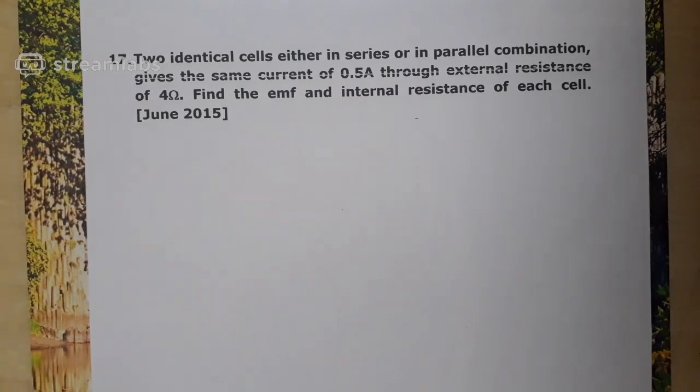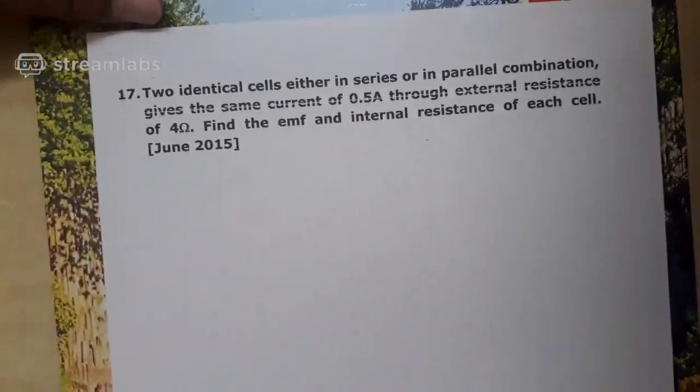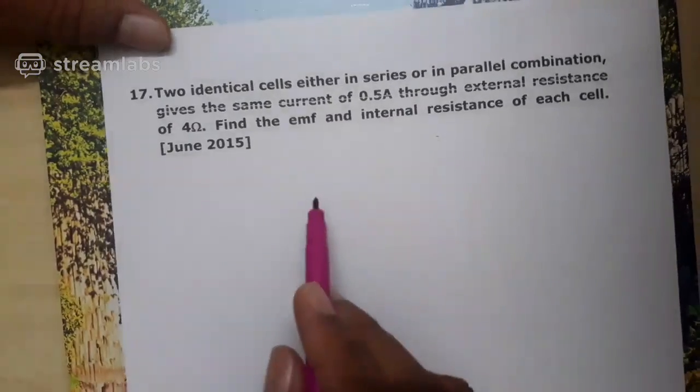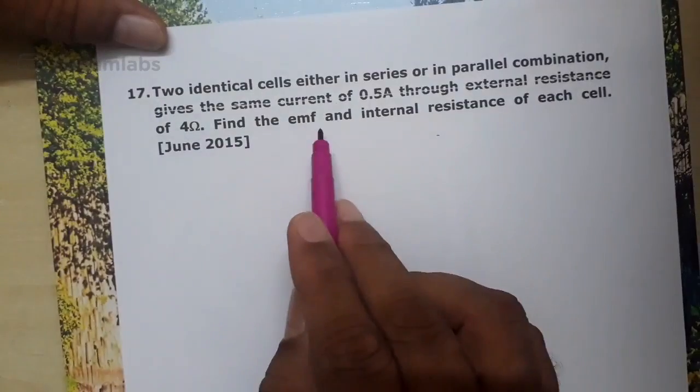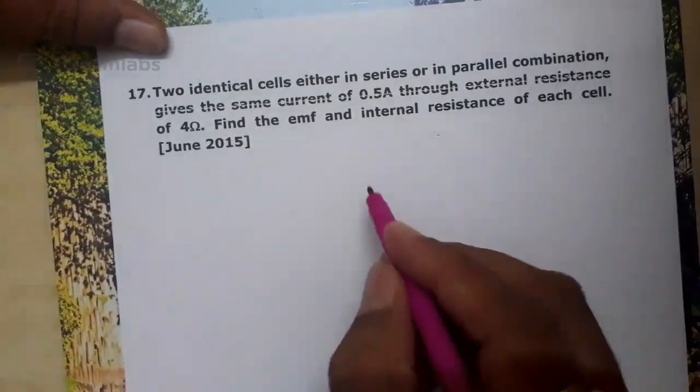Two identical cells either in series or in parallel combination give the same current of 0.5 ampere through an external resistance of 4 ohm. Find the EMF and internal resistance of a cell.